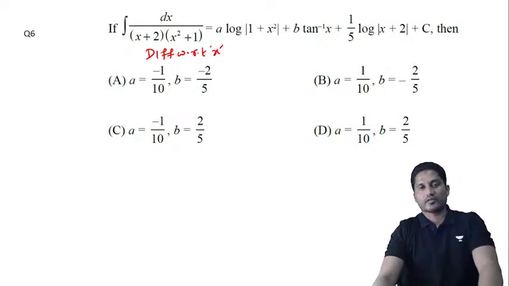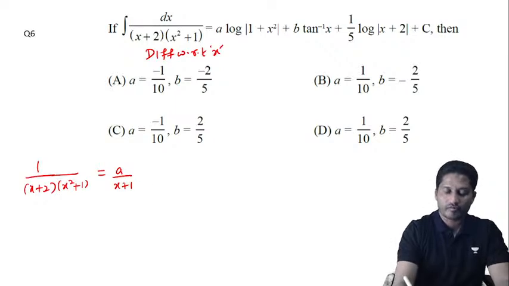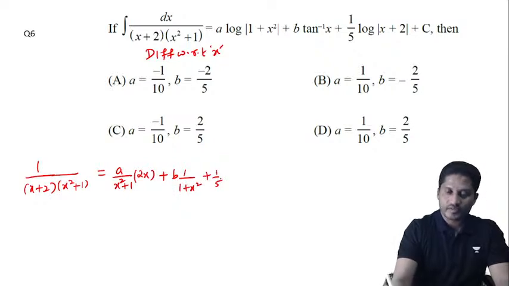Right, now if I differentiate with respect to x, integral sign will vanish. 1 divided by x plus 2 into x square plus 1 is equal to, differentiation of log x is 1, log of 1 plus x square is 1 by 1 plus x square, differentiation of x square is 2x, plus b is a constant, differentiation of tan inverse of x is 1 by 1 plus x square, plus 1 upon 5, differentiation of log x is 1 by x.